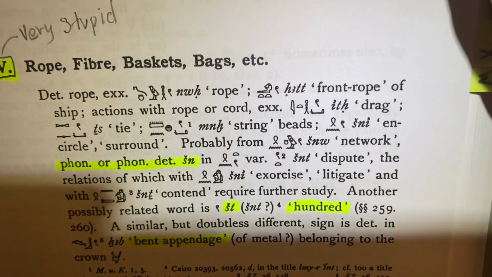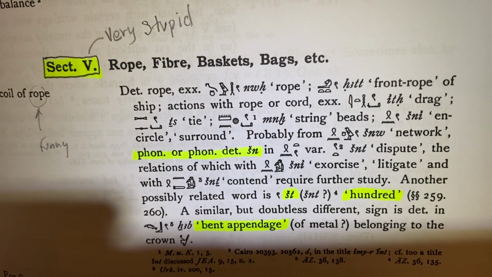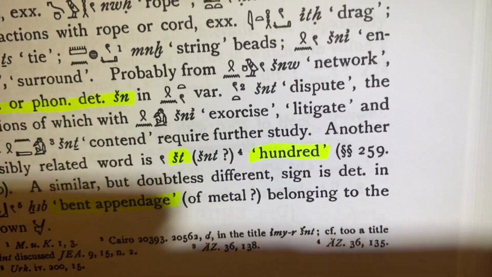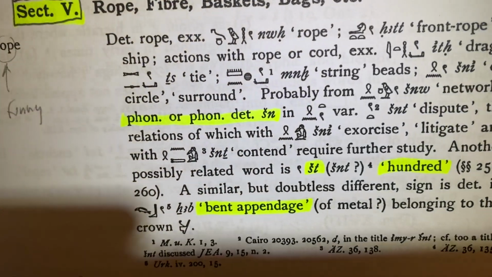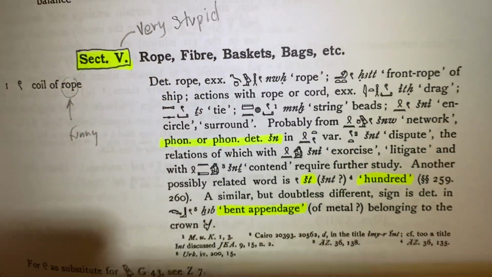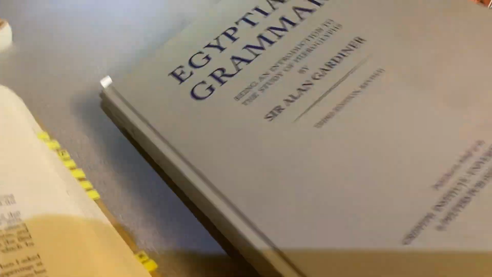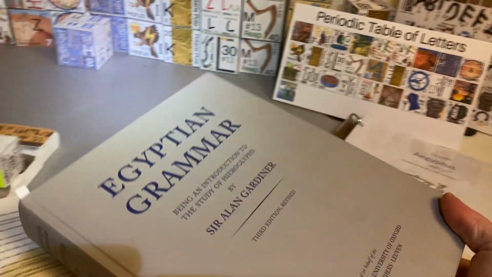Specifically says that it's the front rope of a ship. But it's also equal to 100. And it also makes the phonetic of SN. So even though we give Gardiner credit for progressing, he's made a lot of bad errors.